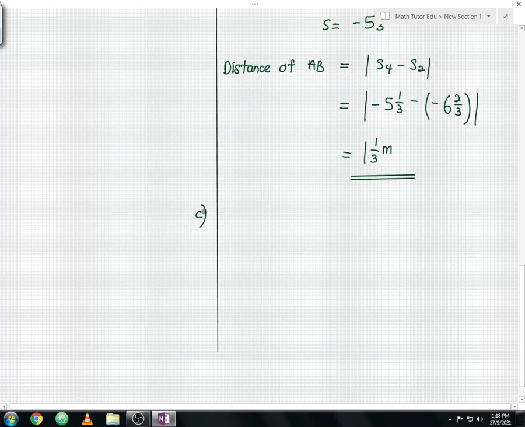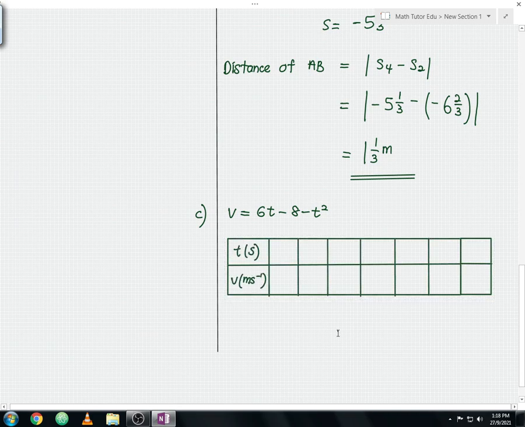So from here let us write the velocity equation. v = 60 - 8 - t². Okay, by the way, I've already constructed the table for you, so let me paste it over here. So this is the table of time and velocity respectively.